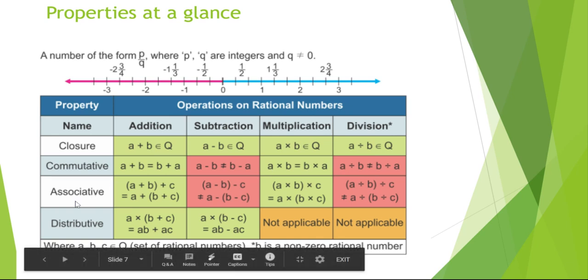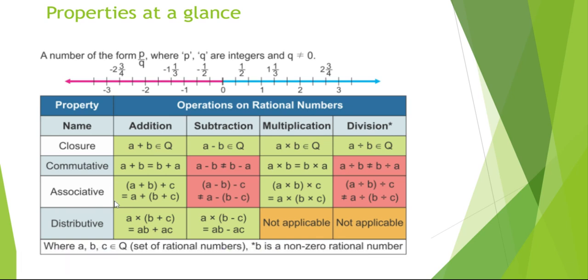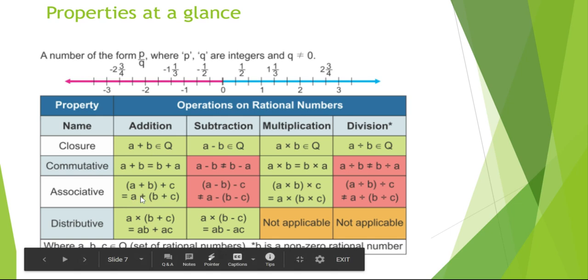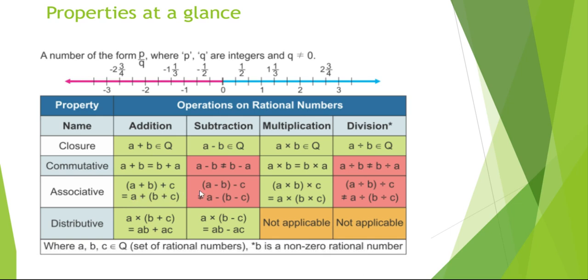In case of associativity, it has a similar trend as commutativity. Under addition, it holds. Under subtraction, it doesn't hold. In case of multiplication, again it holds true, but in case of division, it doesn't hold. So commutativity and associativity have similar trends.